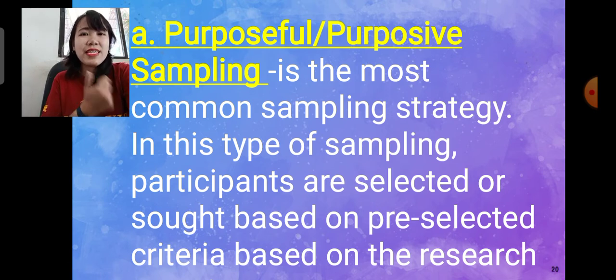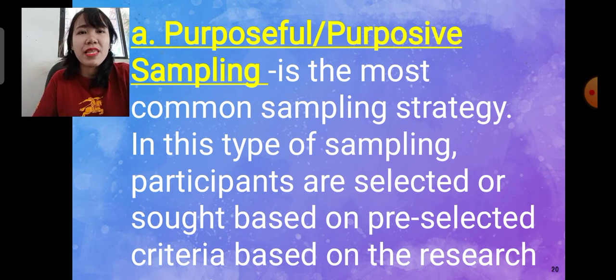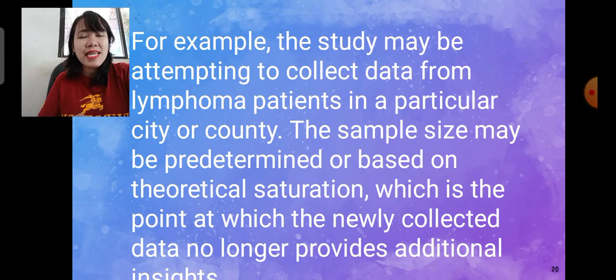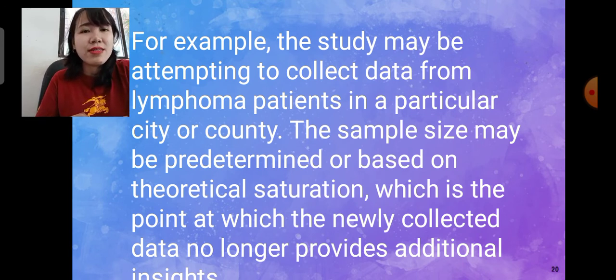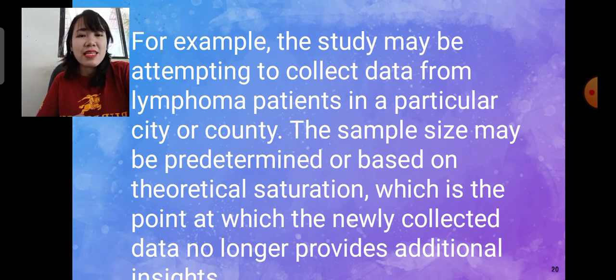Kasi sila yung higit na nakakaalam. So, purposive sampling. So, for example, the study may be attempting to collect data from lymphoma patients in a particular city or country. The sample size may be predetermined or based on theoretical saturation, which is the point at which the newly collected data no longer provides additional insights.